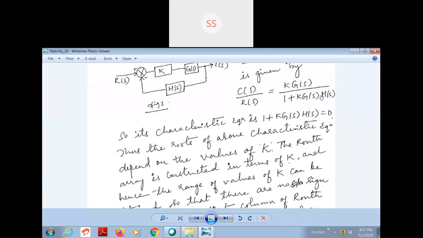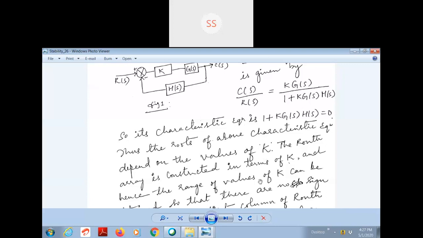So now our characteristic equation includes the term k. When you find the root values, k has a significant effect on them. That's why it is written here: the roots of the above characteristic equation depend on the value of k.